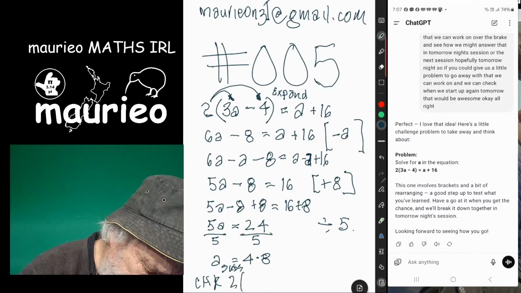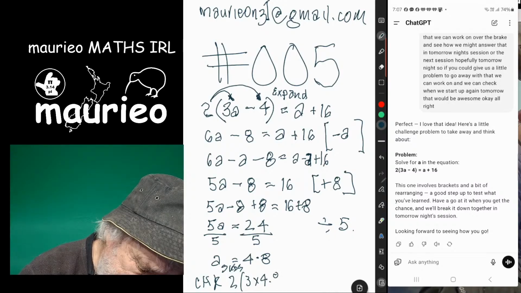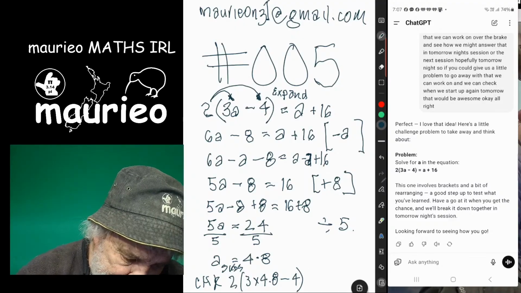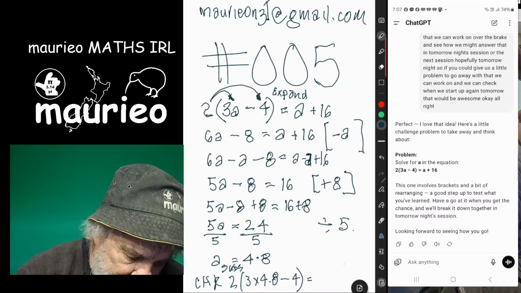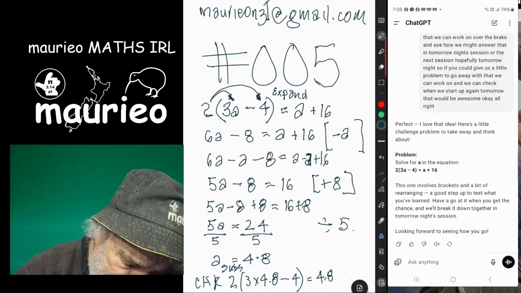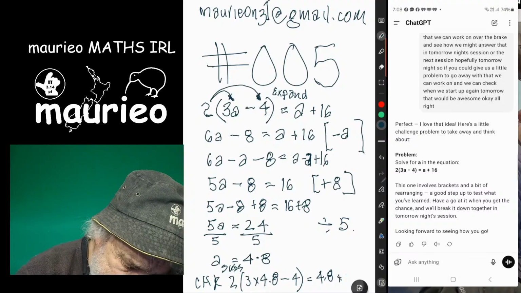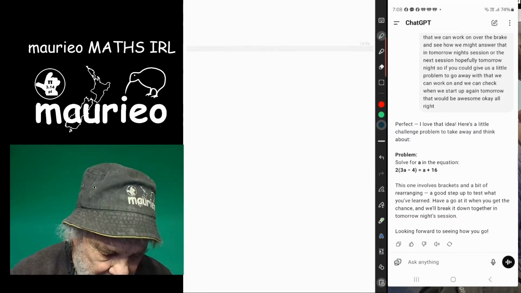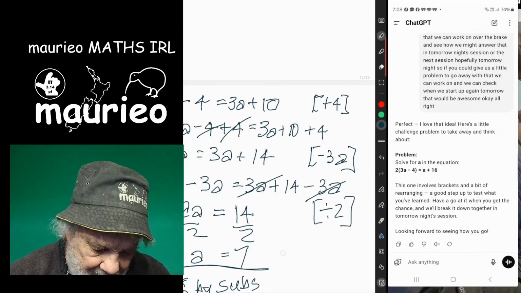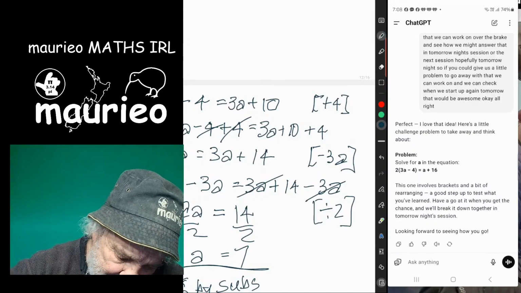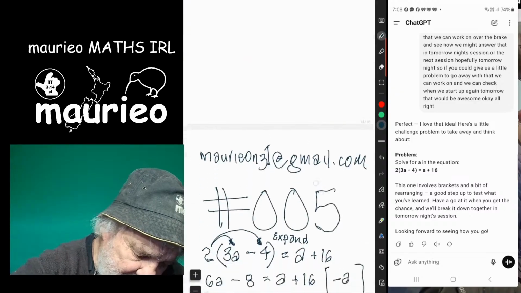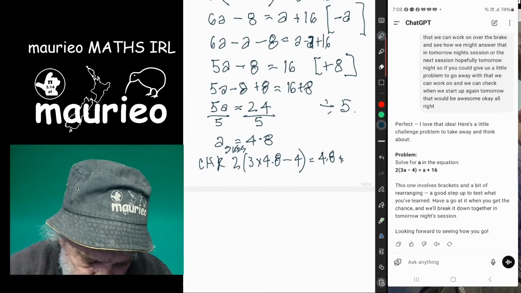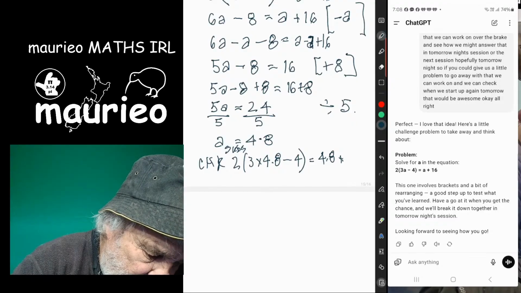So we get 2 times 3 times 4.8 minus 4 equals 4.8 plus 16.